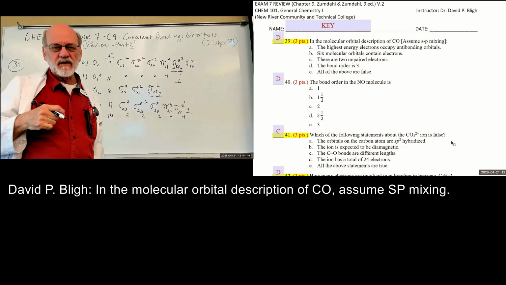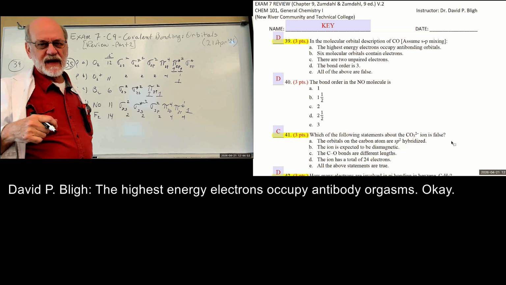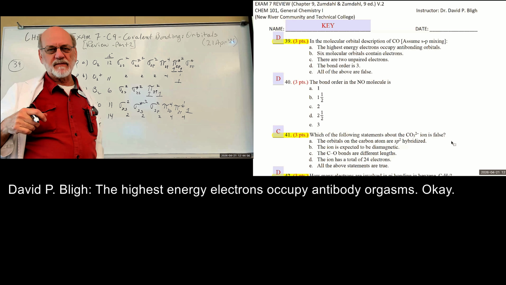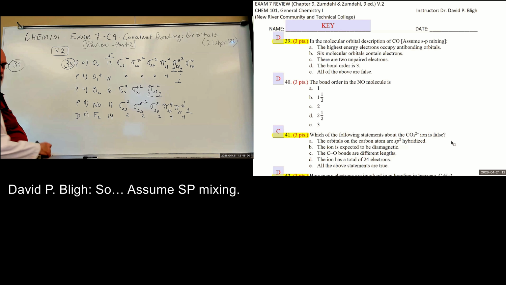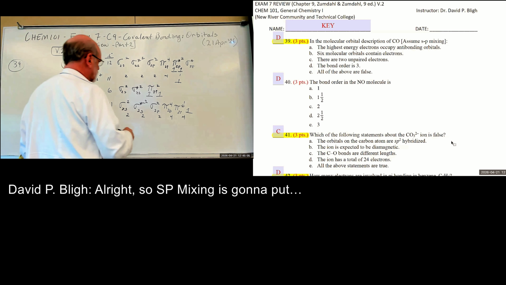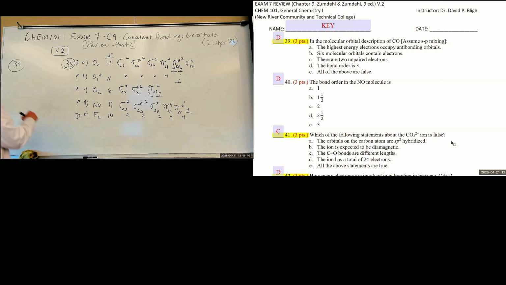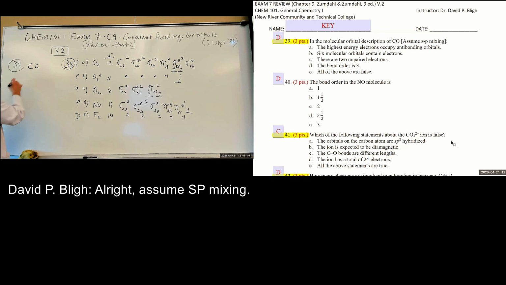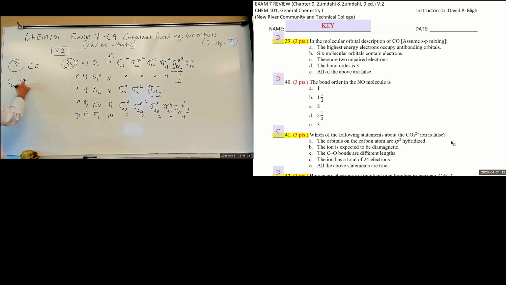In the molecular orbital description of CO, assume sp mixing. The highest energy electrons occupy anti-bonding orbitals. So, assume sp mixing. CO? Yep, CO. All right, assume sp mixing. So we're going to have sigma, sigma star from the 2s's.